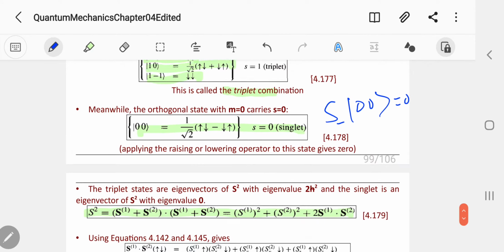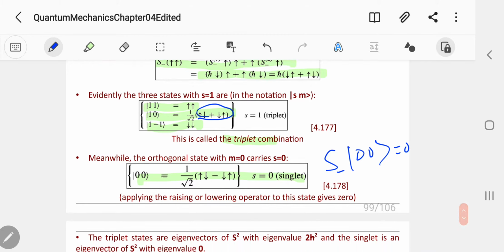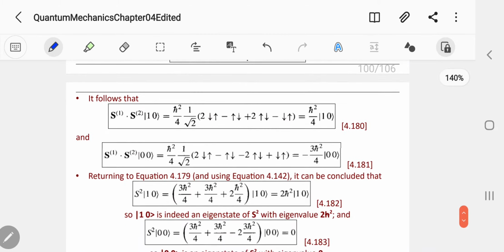So look at this, you have a combination, and when you substitute that here, you will get this one. And for the singlet state, here you will have just 3h bar over 4, this one here.